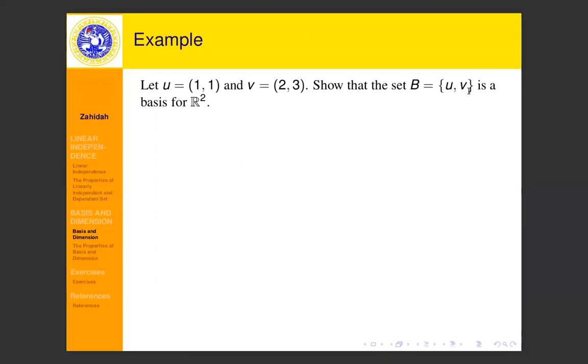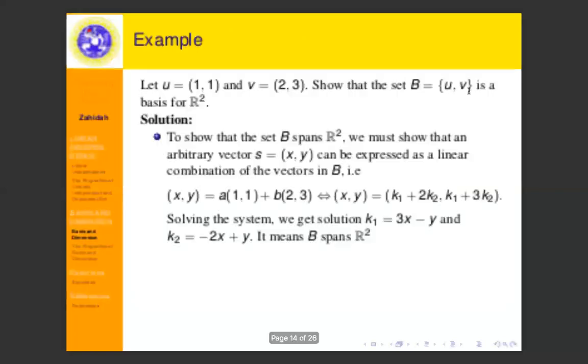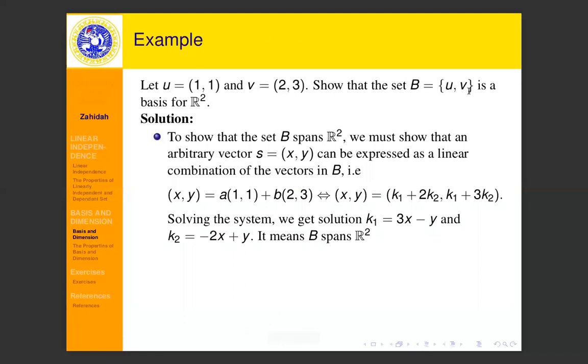So the first one, we have to show that B spans R2. And the second one, we have to show that B is linearly independent. If we want to show that the set B spans R2, we have to show that an arbitrary vector in R2 can be expressed as a linear combination of the vectors in B, or a linear combination of u and v, right?